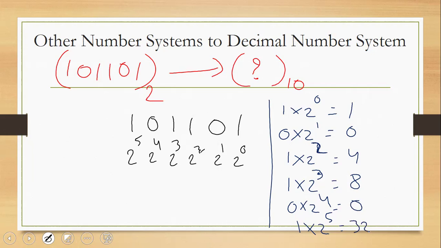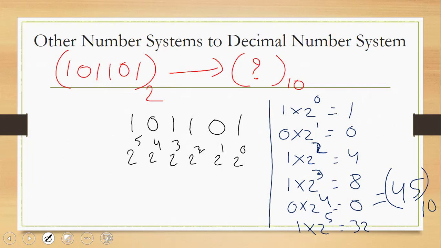So finally, you should add all these numbers. You can add 1 plus 4 plus 8 plus 32. Finally, the value will be 45 base 10. I hope this is clear.